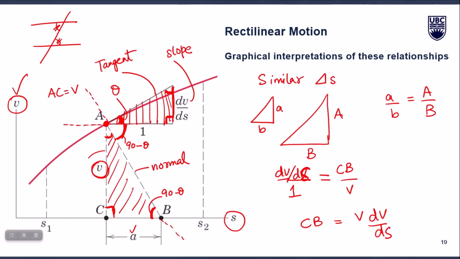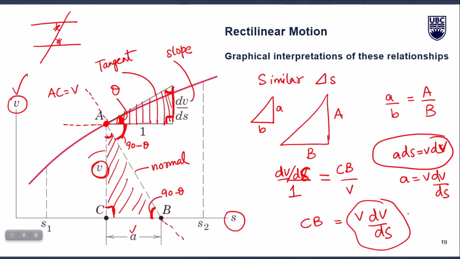And by equation 3 again, we know that A ds is equal to V dV. This is your equation 3, and from here you know that A is equal to V dV by ds. So this ratio is actually equal to A. So we now prove that on the scale which was actually representing distance, right? So this was the s-axis actually, the distance axis.